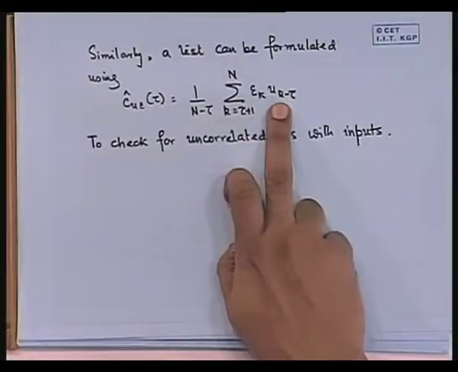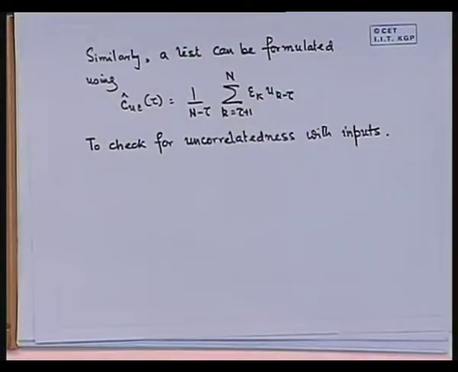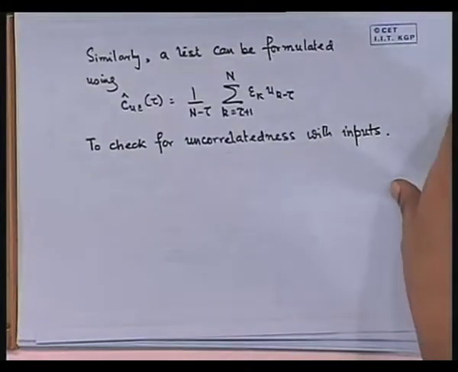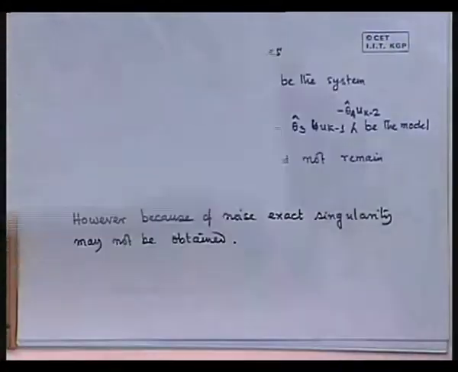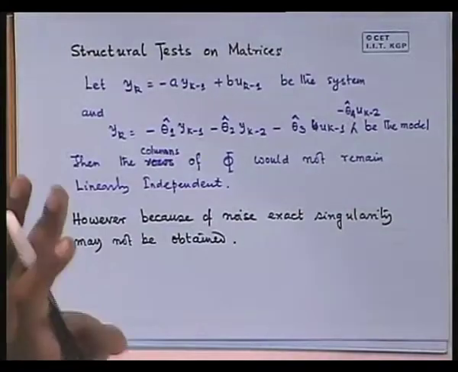So you could also formulate something like epsilon(k) u(k minus tau), and then again formulate a suitable statistic such that this will follow a particular distribution and then check by hypothesis testing. So this is a general approach which is followed in checking, very much used in model order checking.